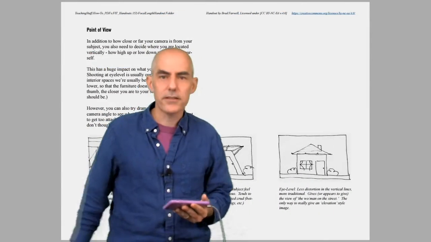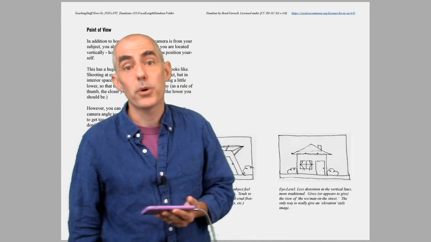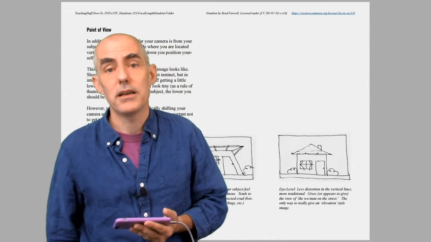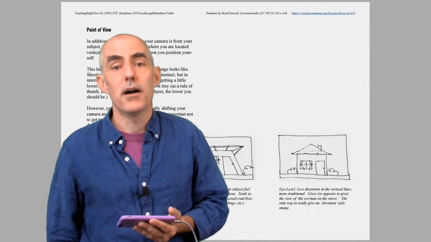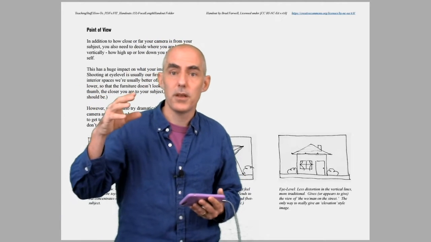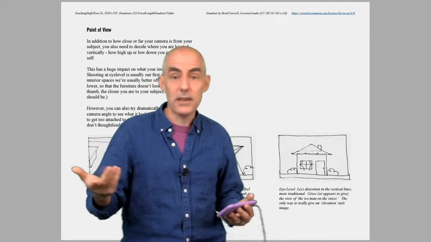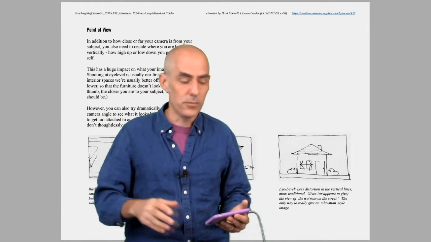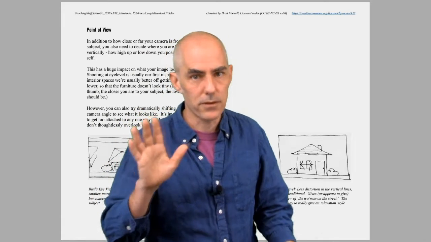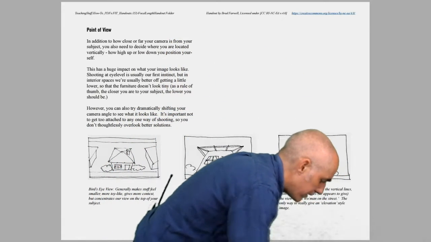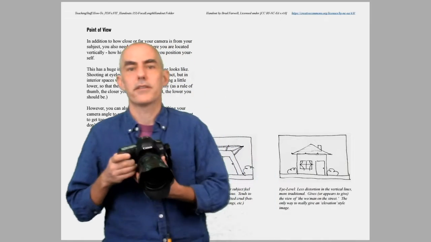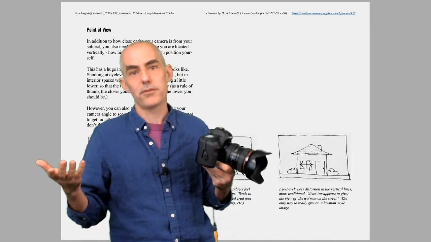So let's talk a little bit now about point of view. Point of view is where the camera is situated in relationship to your subject. So we, as photographers, as human beings, tend to look at things from our eyeballs, right?